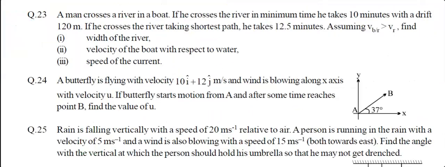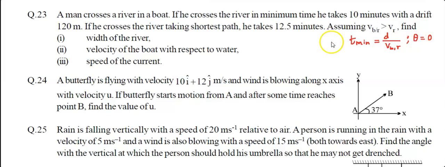Okay. Question number 23 is based on crossing of a river, and it says the river is being crossed. So for minimum time, you say the minimum time formula is T minimum equal to the width divided by the velocity of the boat in the river. This T minimum is known to you, and for this case theta came out to be 0, because you need to move directly.